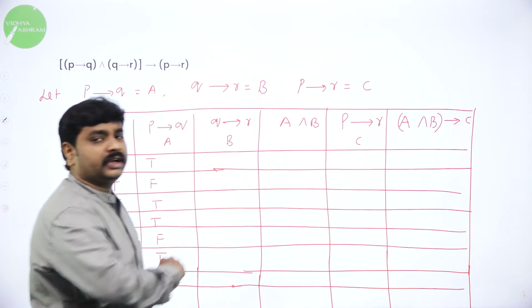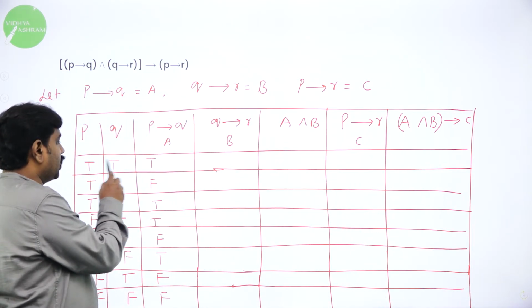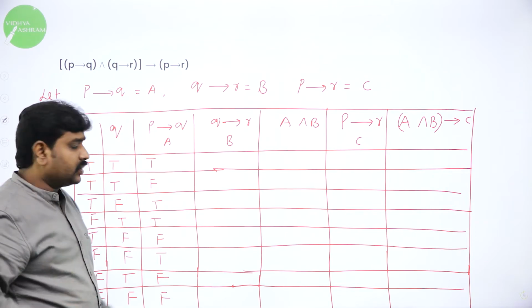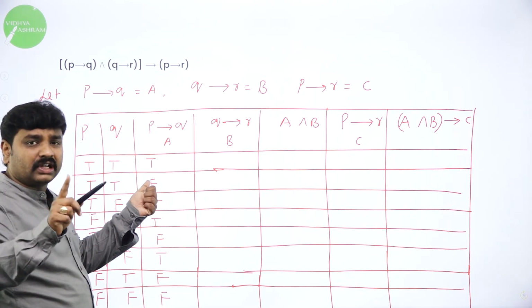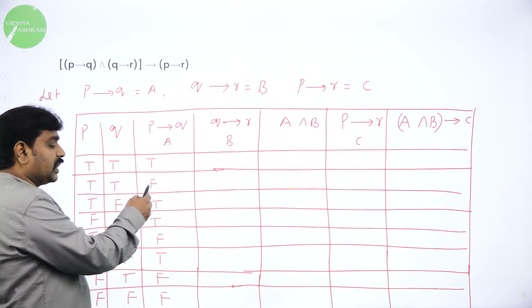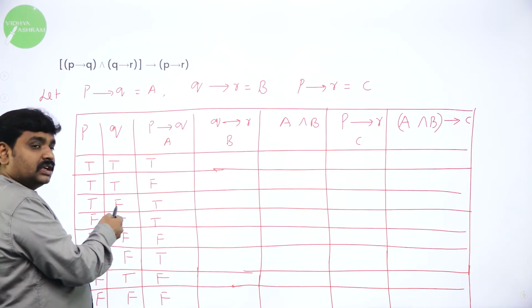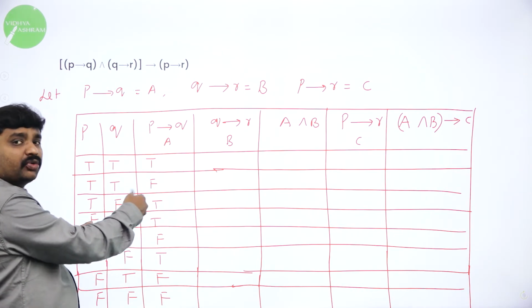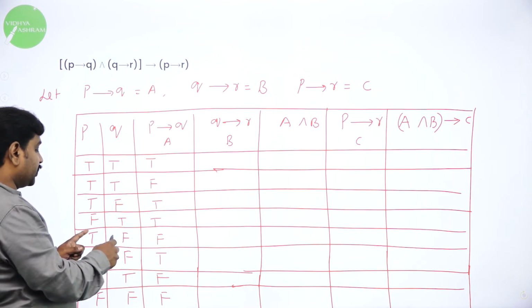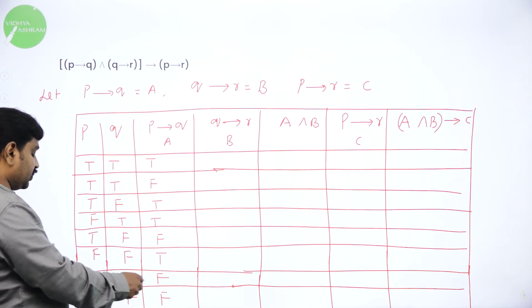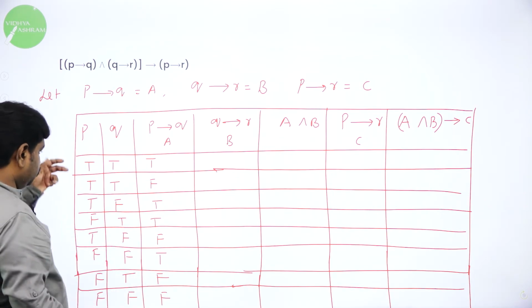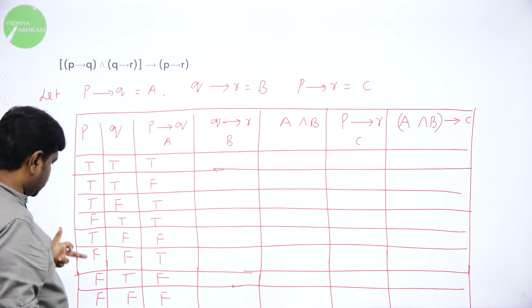Observe this carefully. In the first row, all three are true. In the second, I took one false and I will change its place. So the last one is false, then the second one is false, then the third one is false. Only one false I permutated. Then I will take two false statements. So the last two are false, or the first two are false, or the first and second are false, or all three. You can see 1, 2, 3, 4, 5, 6, 7, 8.